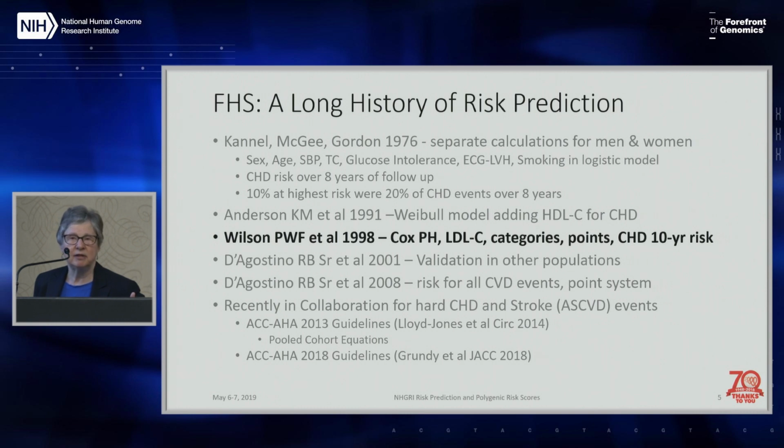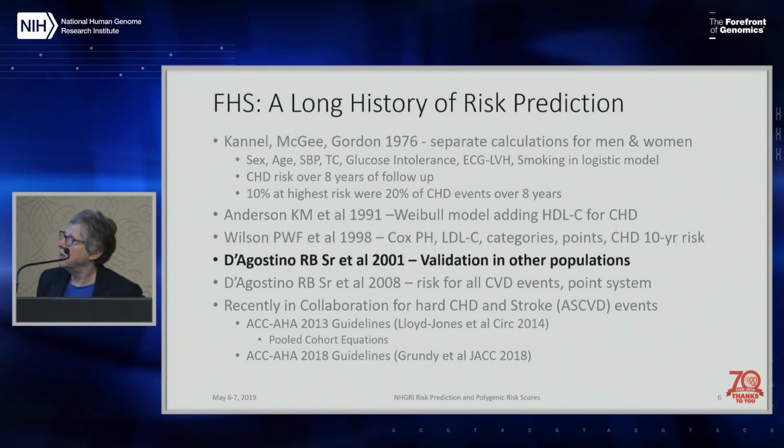And in fact, some of us older folks may remember seeing in magazines like Time Magazine or Newsweek a page where you could do this. They would have the point system. You figure out what your age was, what your systolic blood pressure was, and you do the point system right in the magazine. I don't think we have those anymore. So that was a point system, and that was frequently used for many years.